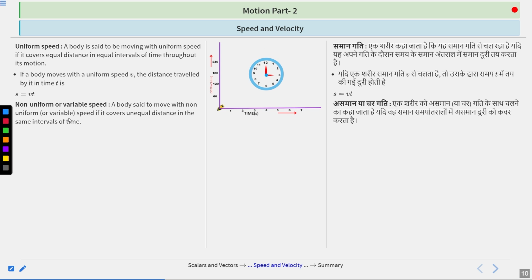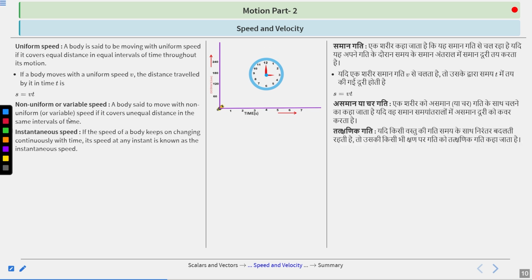For instance, it starts by covering 50 meters in 1 minute, thereafter 100 meters in 1 minute, thereafter 150 meters in 2 minutes, and so on. Now the distance covered and the time taken are both different. Then that will be non-uniform or variable speed.